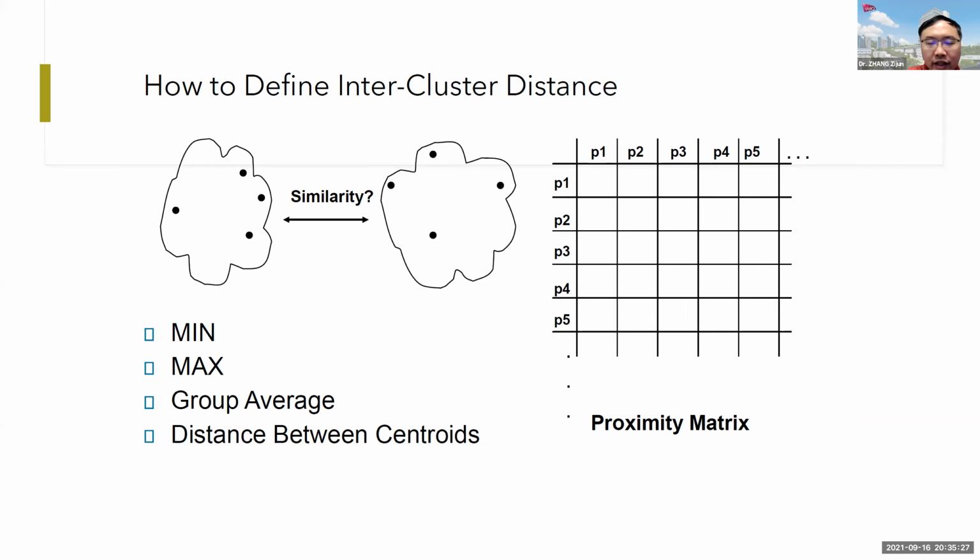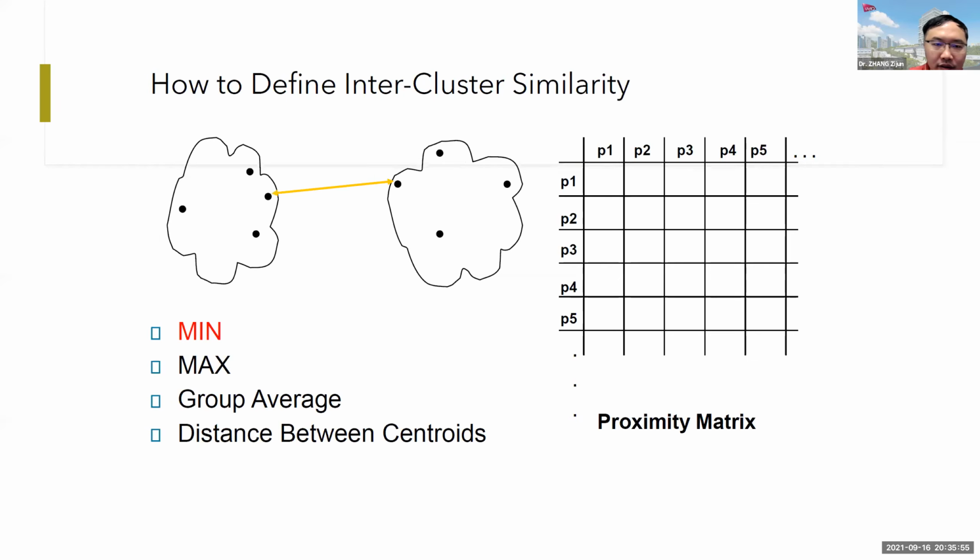How can we compute the distance between clusters to update the proximity matrix? There are 4 types of distance measure that we can select: the minimal distance, the maximal distance, the group average, and the distance between 2 centroids.